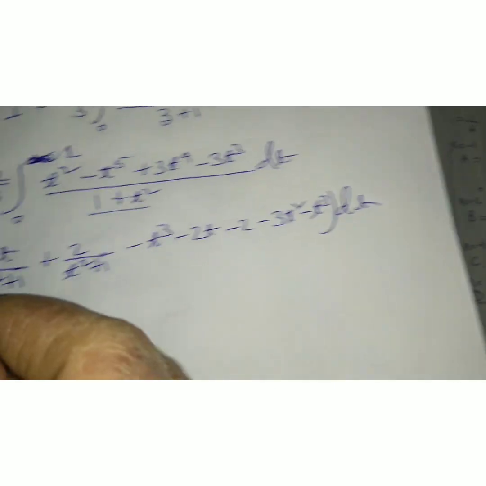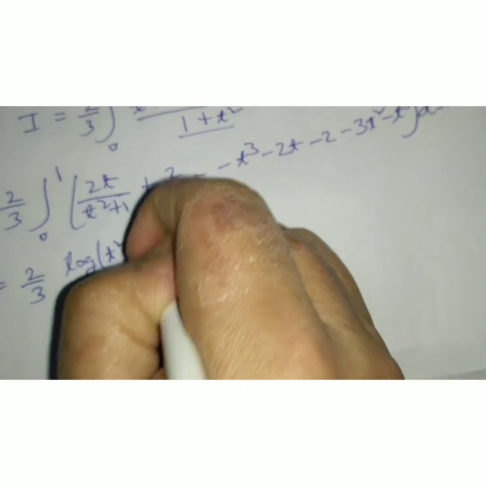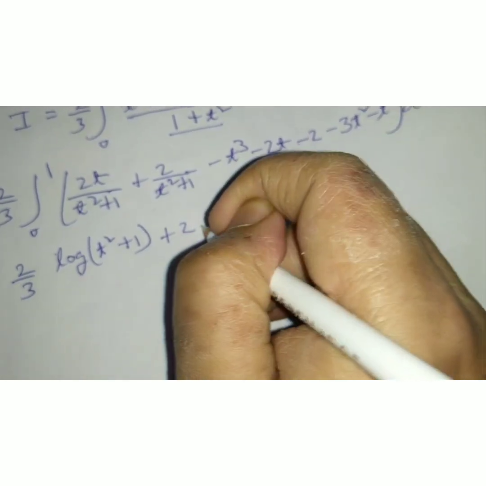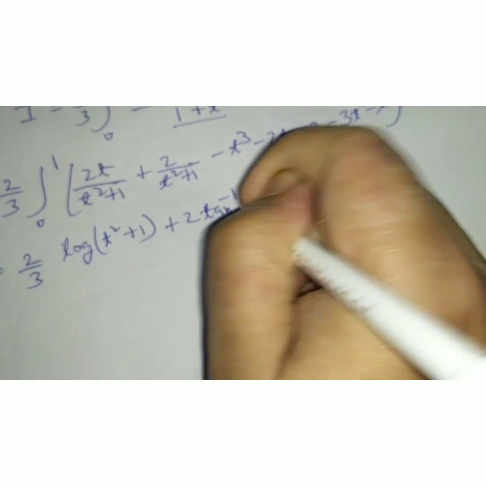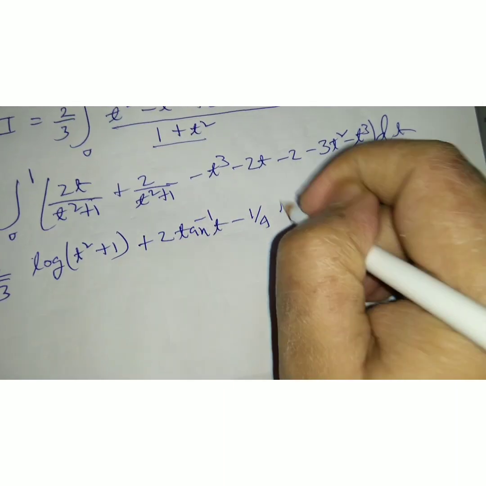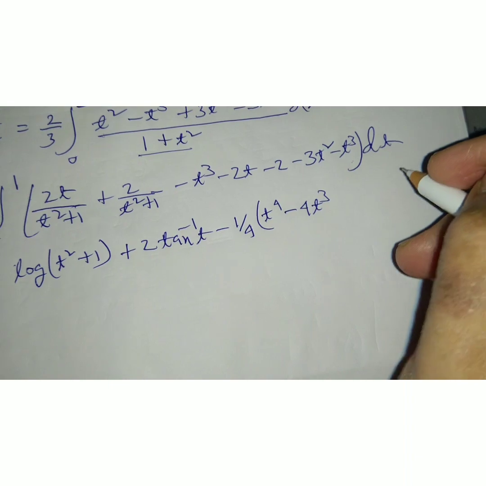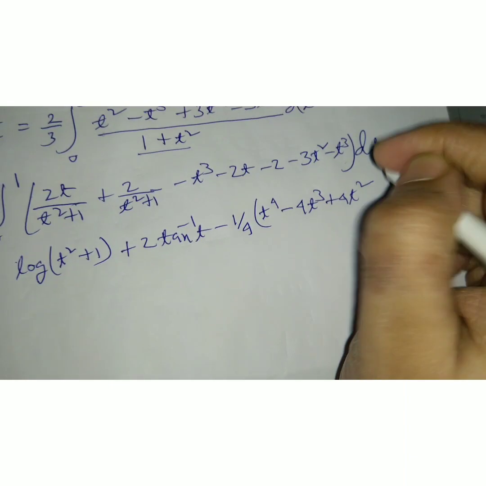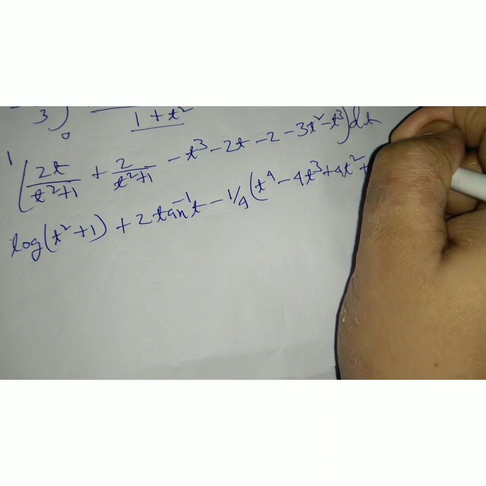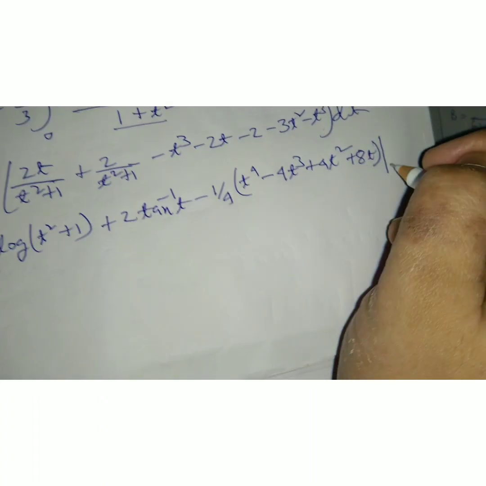Okay, no problem. Again I get 2 by 3 into log of t square plus 1 plus 2 into tan inverse t minus 1 by 4 t to the power 4, I can write minus 4t cube plus 4t square plus 8t, from 0 to 1.